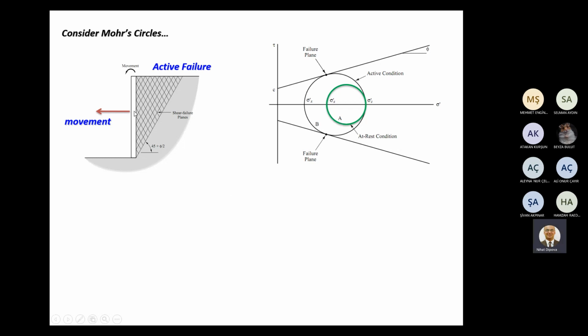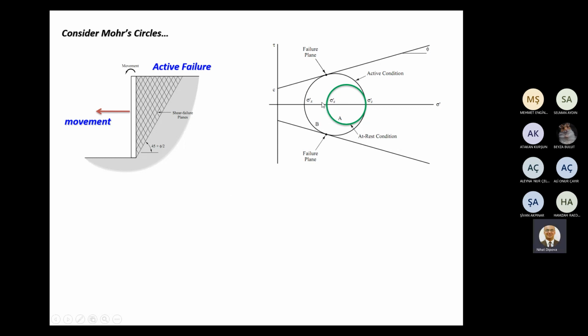When we move this wall away from the soil, soil in x direction will expand and sigma x will decrease from this value along this way in negative side.